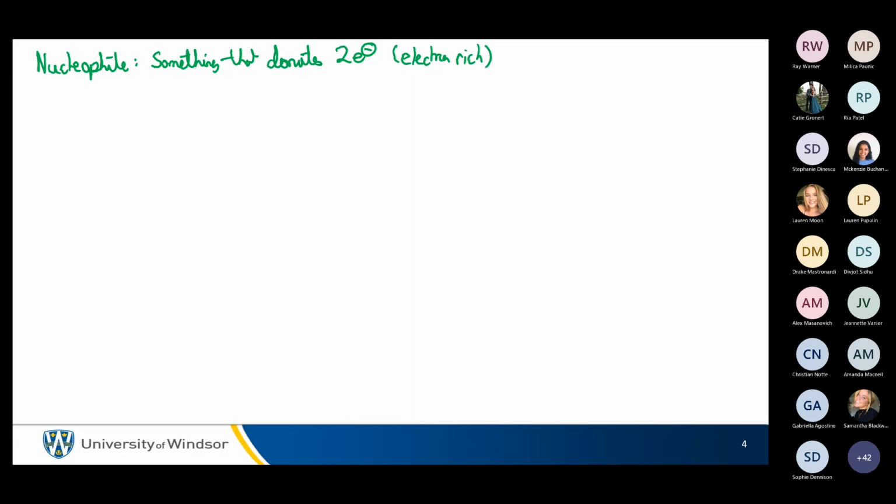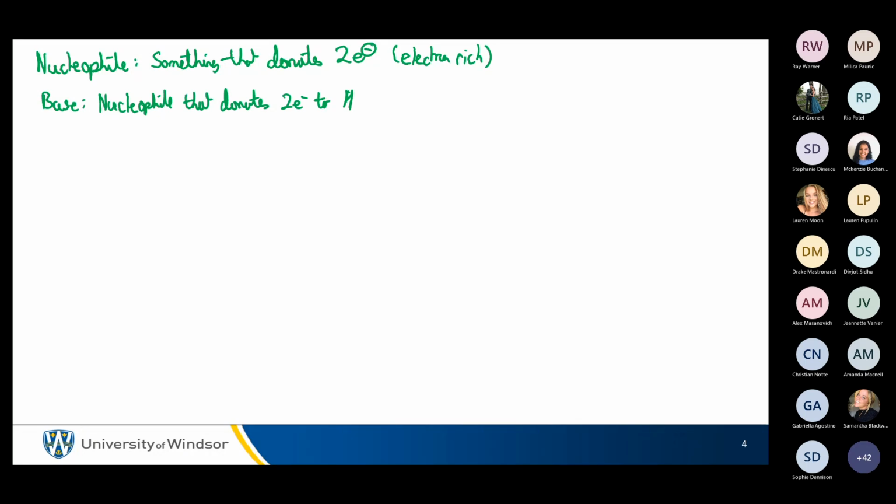That is what a nucleophile is. That's kind of the definition. What is a base? It's a nucleophile that donates 2 electrons to a hydrogen. So a nucleophile donates 2 electrons to a nucleus. A base is a nucleophile that does it to a hydrogen. So bases are subsets of nucleophiles where the electrophile is a hydrogen rather than any other atom.